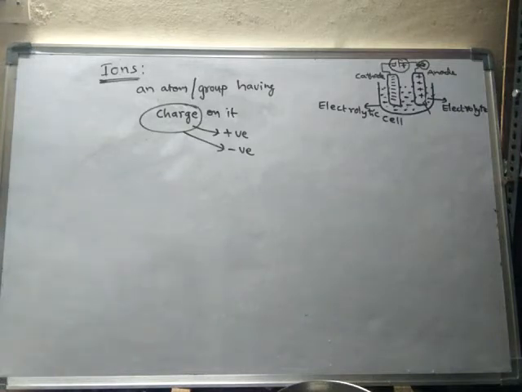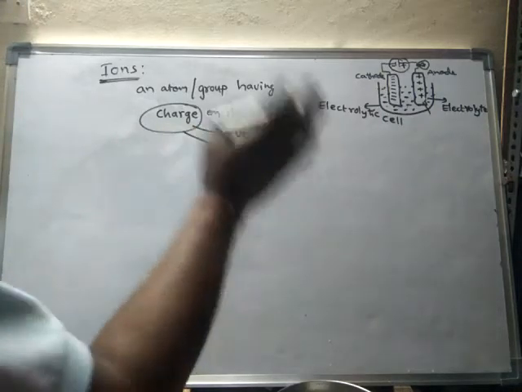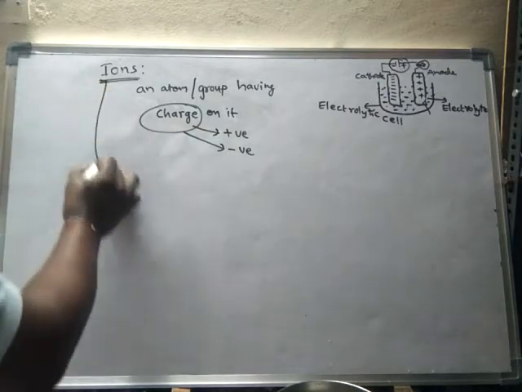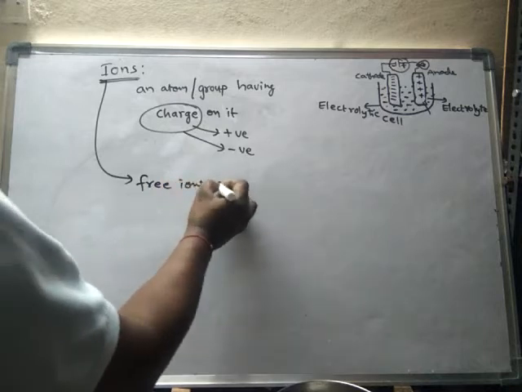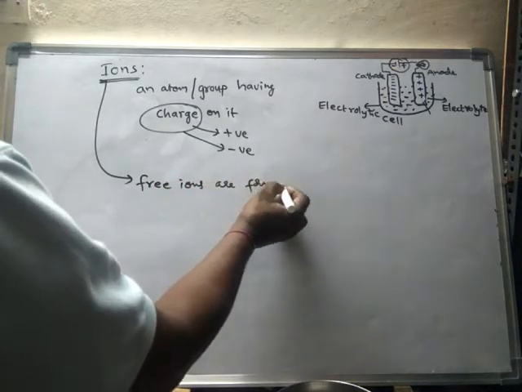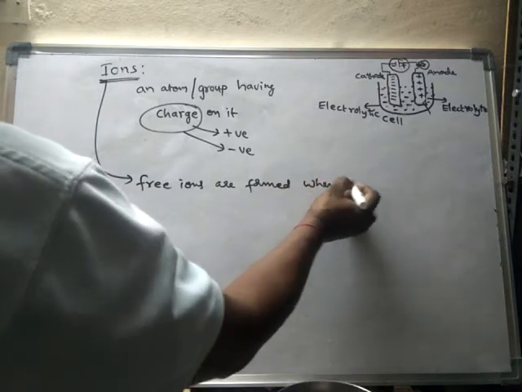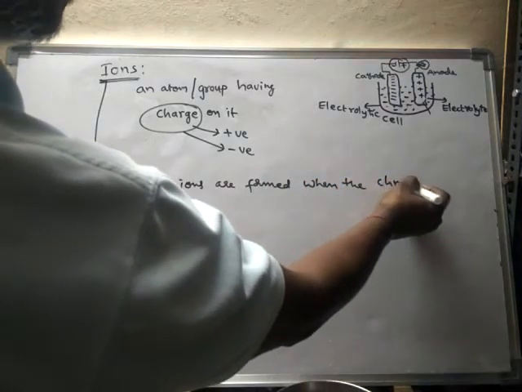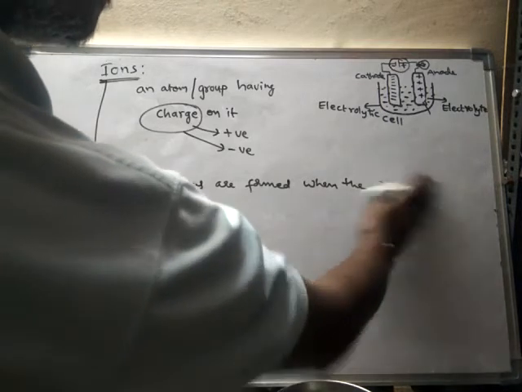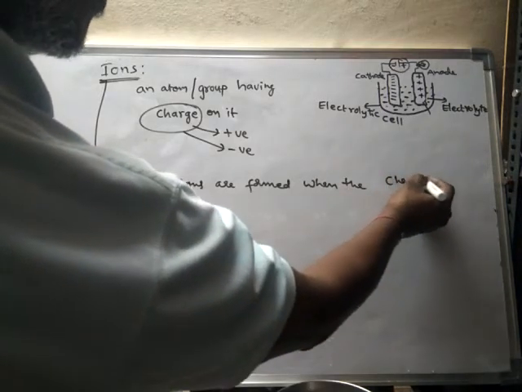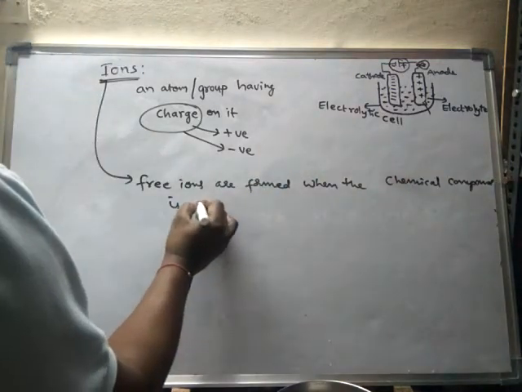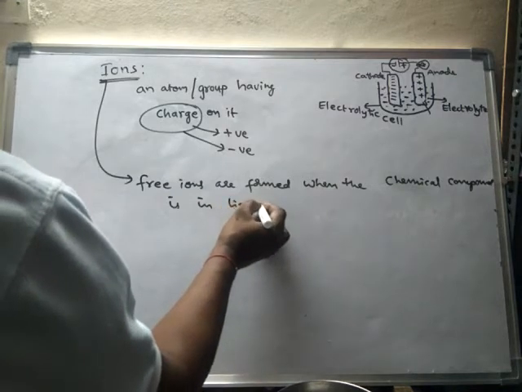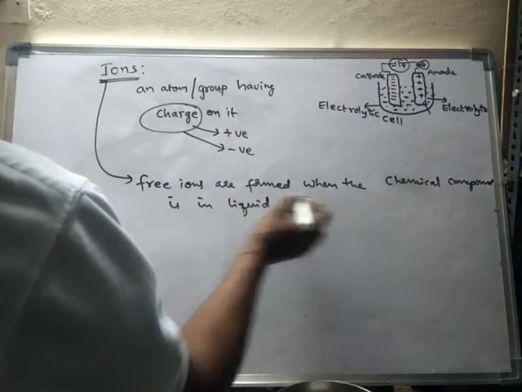Free ions are formed when a chemical compound is in the liquid state. So what type of chemical compound?